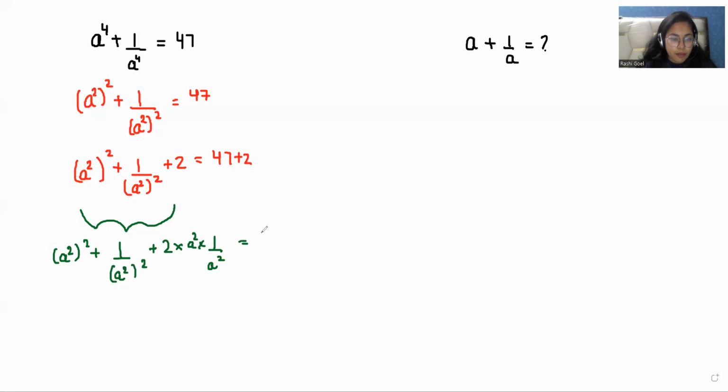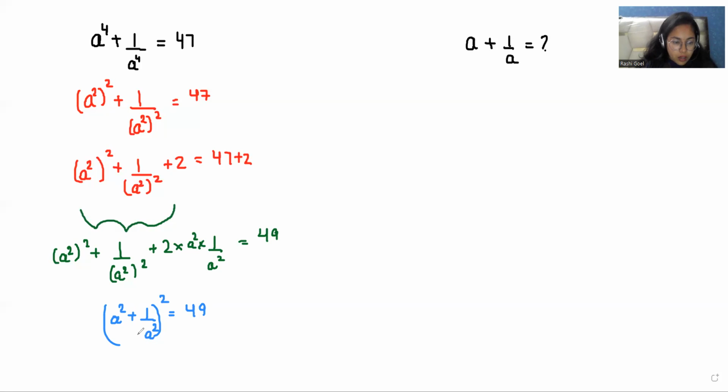And here 47 plus 2 is 49. So if I eliminate a^2 with 1/a^2, only 2 is left. And it becomes the formula of (a + b) whole square, where a is a^2 and b is 1/a^2, equal to 49 whole square.